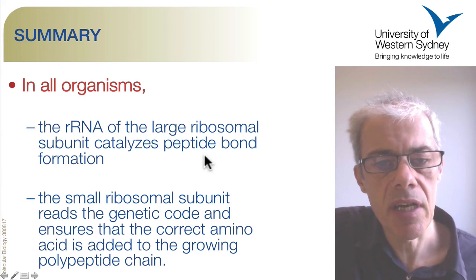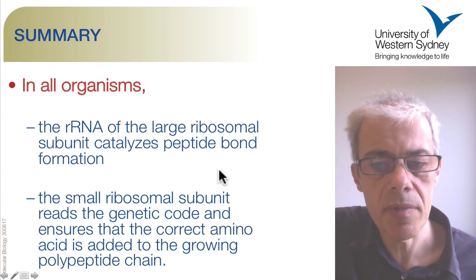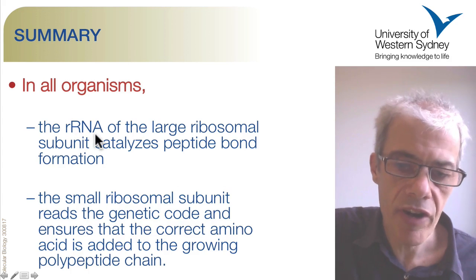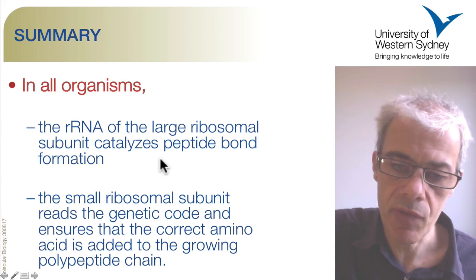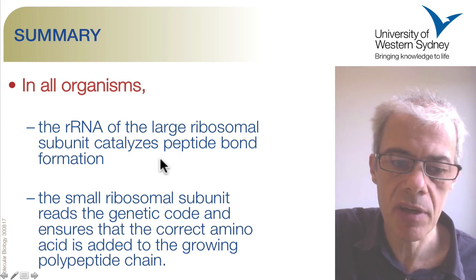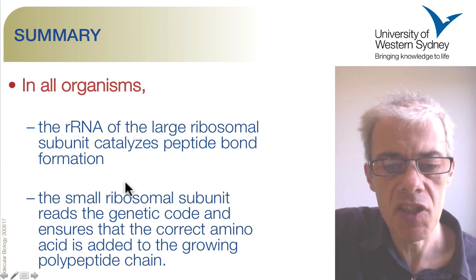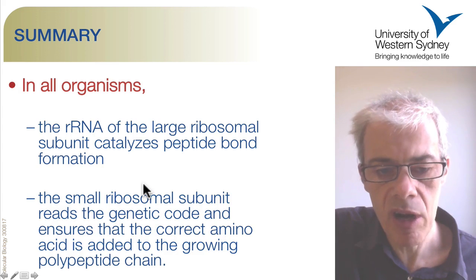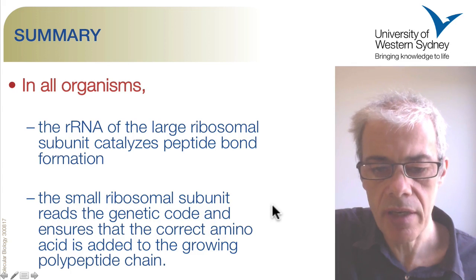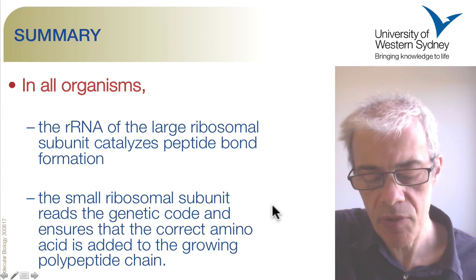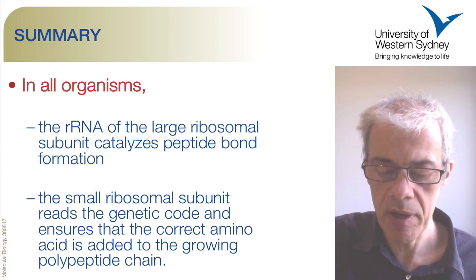Like I said, this process is highly conserved, so in all organisms, the rRNA of the large ribosomal subunit performs the catalytic activity of peptide bond formation, and the small subunit of the ribosome reads the genetic code and brings together the right transfer RNA, which brings the right amino acid in for peptide bond formation.